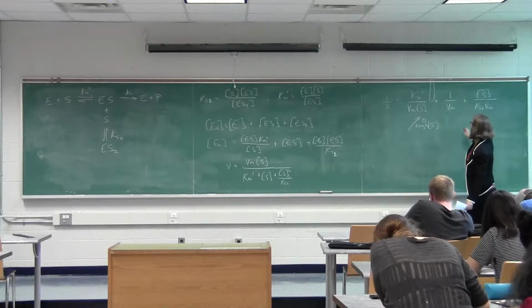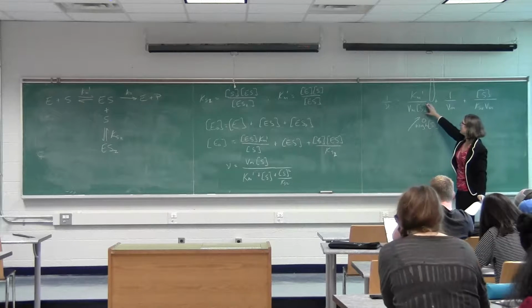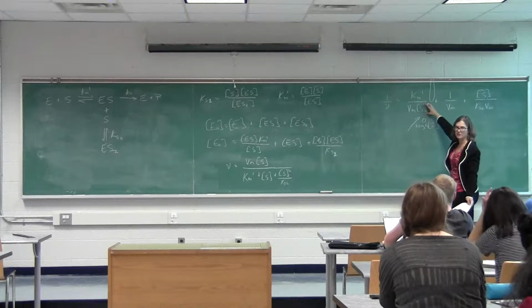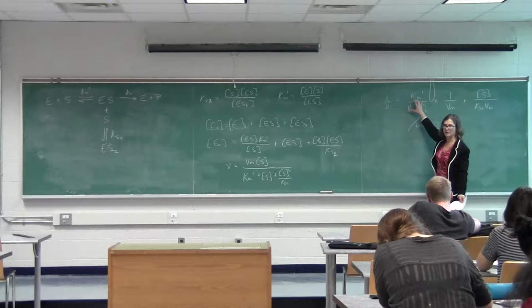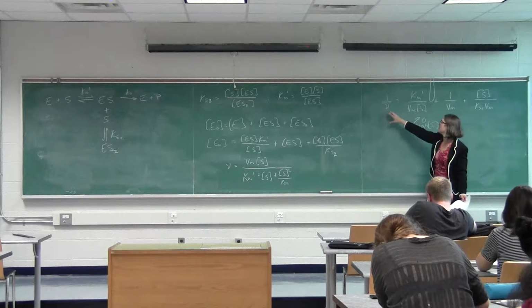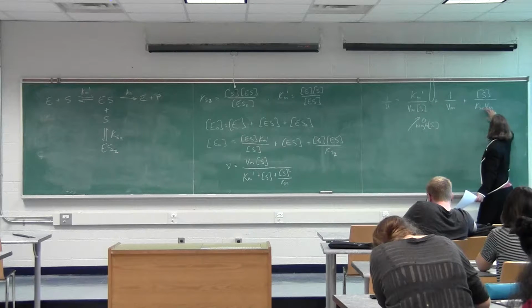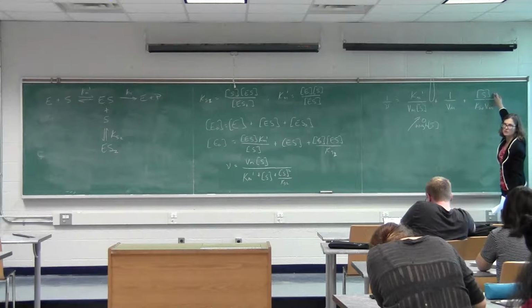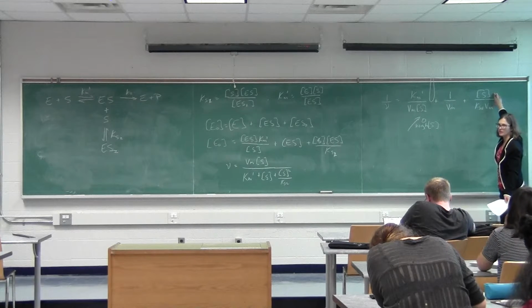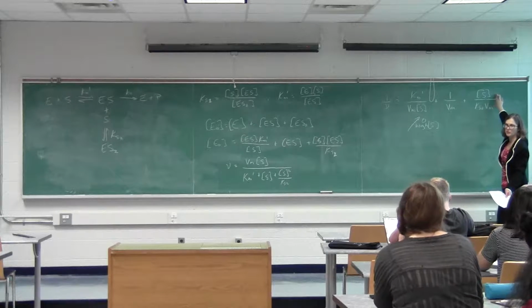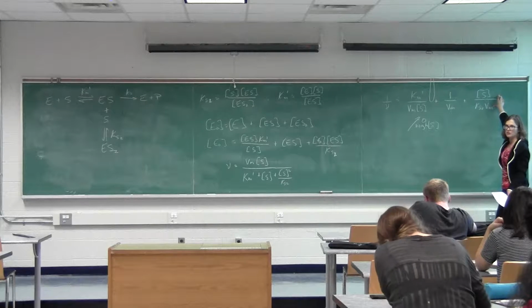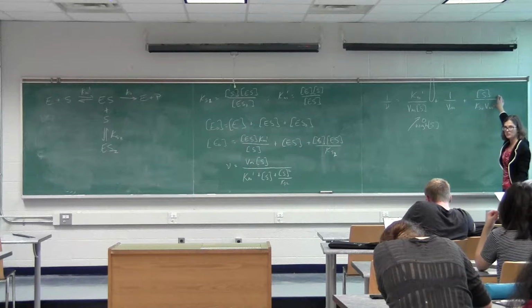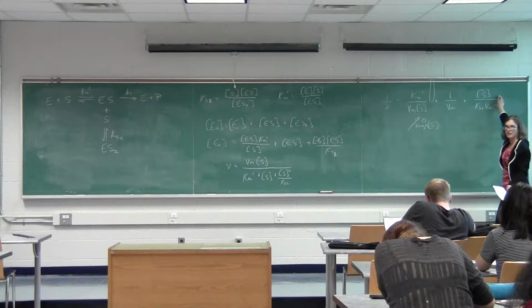So let me say that again. When you have really high substrate concentrations, this whole term will go to 0. So what you're left with is 1 over rate is proportional to substrate concentration. Or conversely, rate is proportional to 1 over substrate concentration. So as your substrate concentration goes up at really high substrate concentrations, your rate goes down.